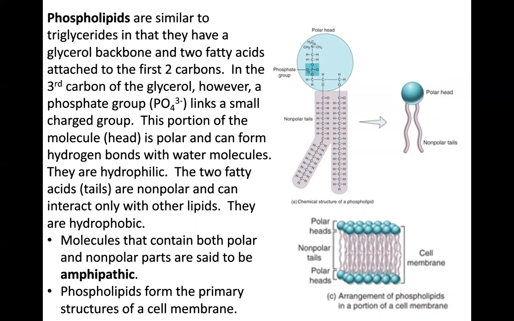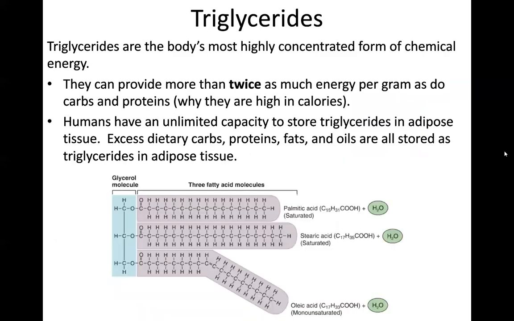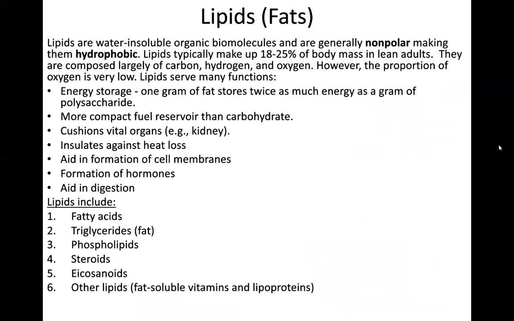But this creates a really unique type of fat that we call amphipathic. Amphipathic means that it's got a polar head and 2 non-polar tails. Going back to this slide, we said that fats are generally non-polar, making them hydrophobic, which means that they don't like water.